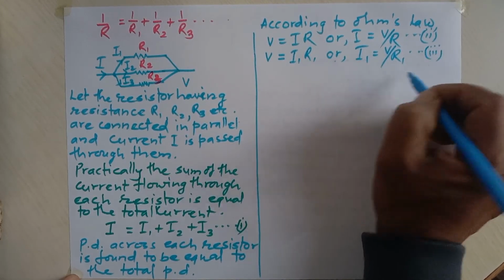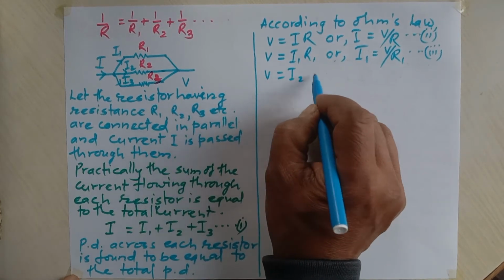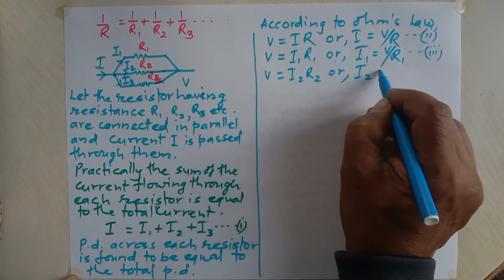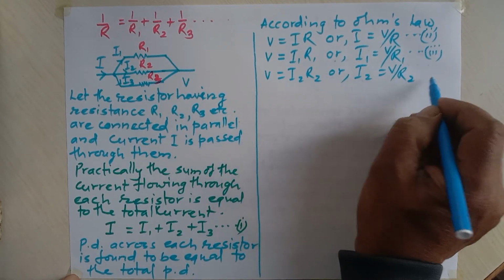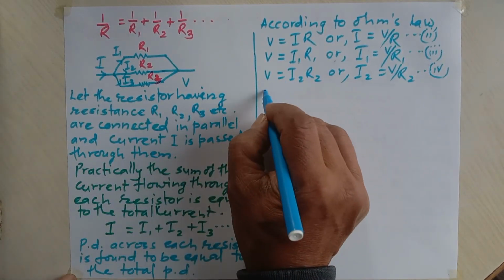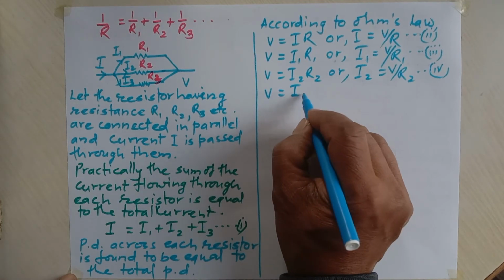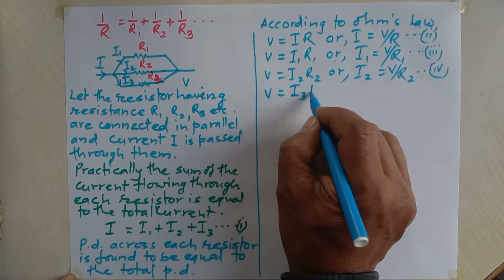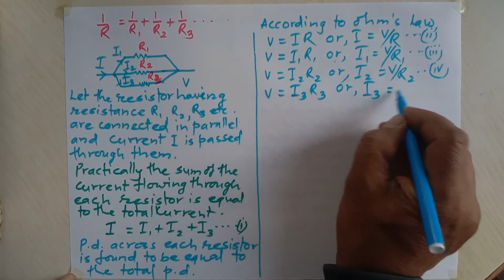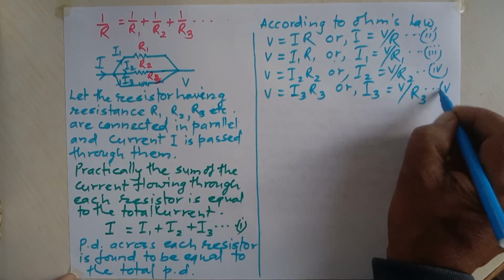In the same way, in the second branch, V equal to I2 R2, so I2 is equal to V by R2. This is equation number 4. And in the third branch, potential difference is the same V, V equal to I3 R3, or I3 is equal to V by R3. This is equation number 5.